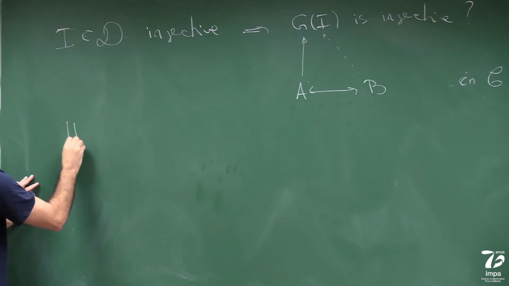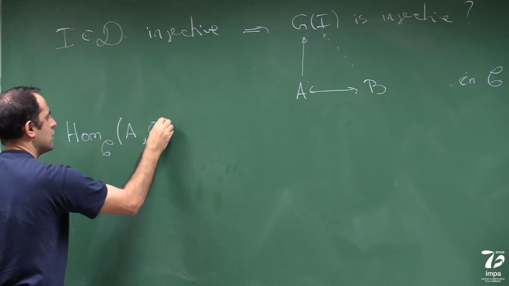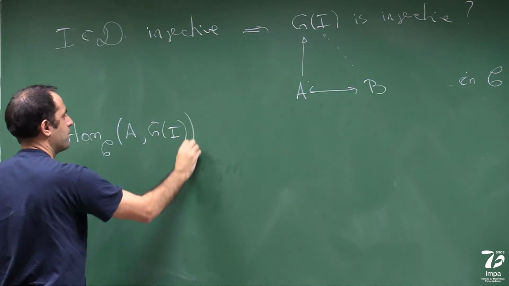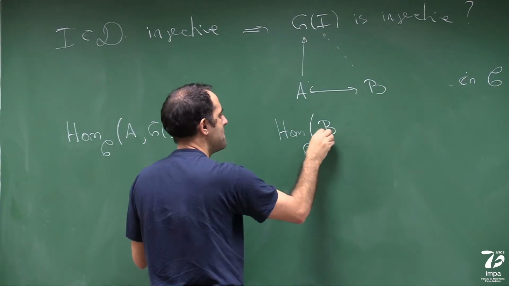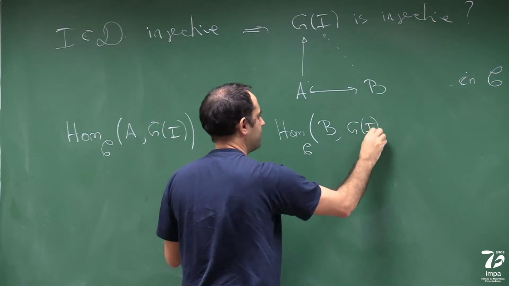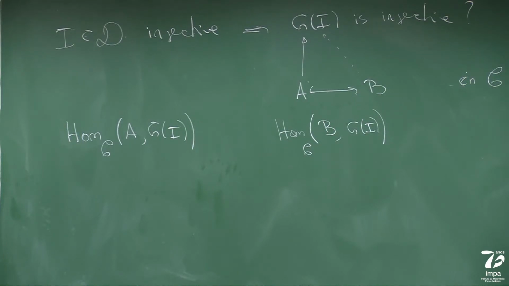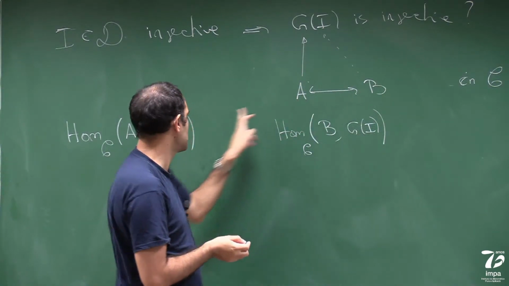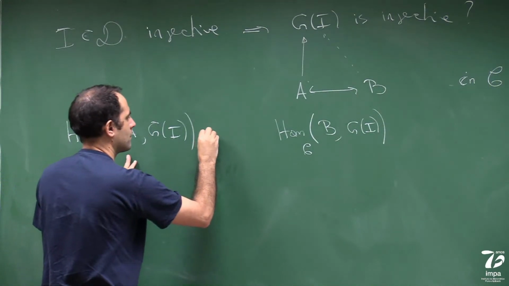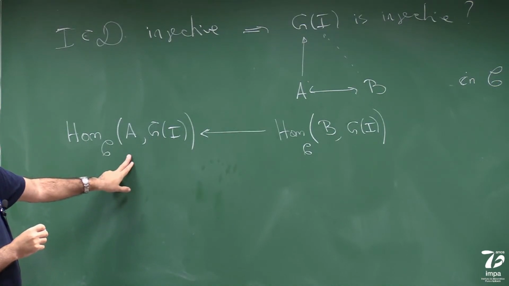So this is hom in the category C, A, G of I, and I have hom in the category C, B, G of I. If I have a map from B to G of I, I can compose with this injection to get a map from A to G of I. And the statement is that this is a surjective map.